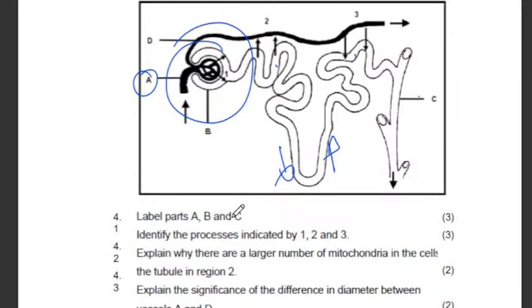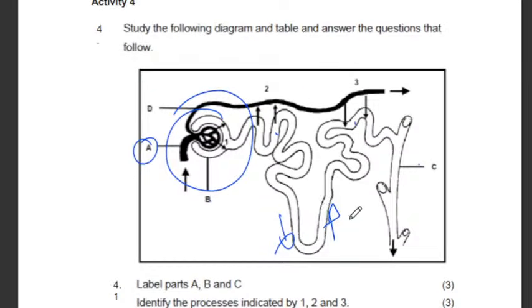So identify part A. What is part A? Where's part A? We have answered that part A is the blood vessel which brings blood to the Bowman's capsule or the glomerulus.